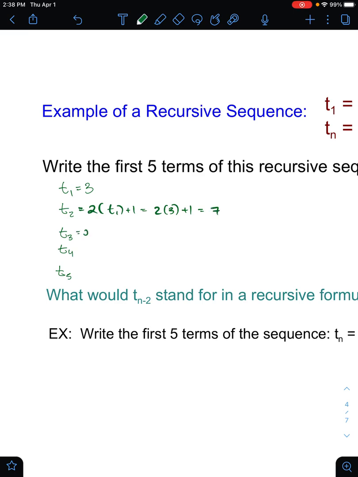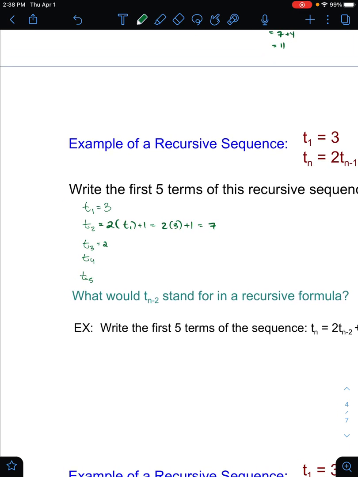T sub 3 is then going to be 2 times t sub 2 plus 1, which is 2 times 7 plus 1, which is 15. T sub 4 is 2 times t sub 3 plus 1, which is 2 times 15 plus 1, which is 31.